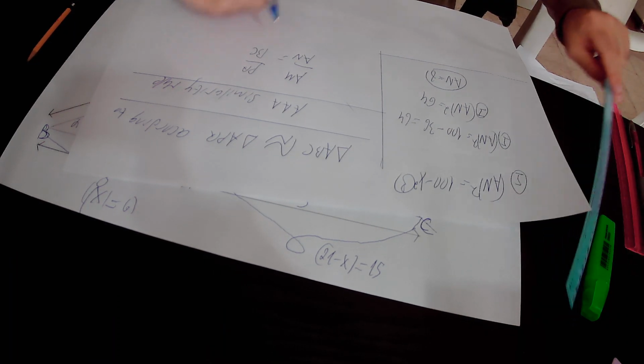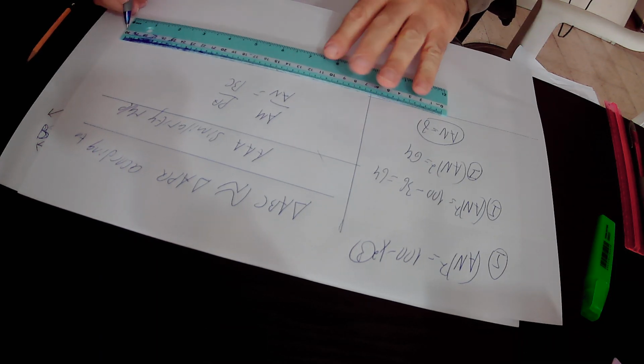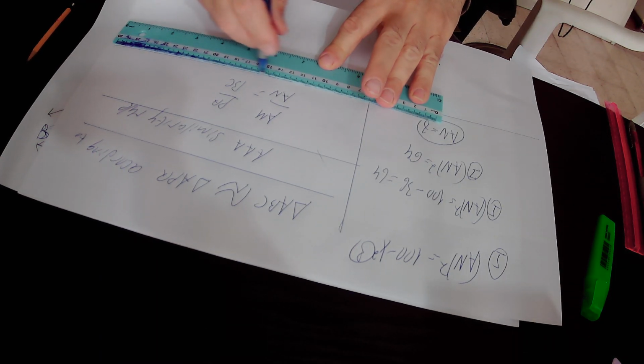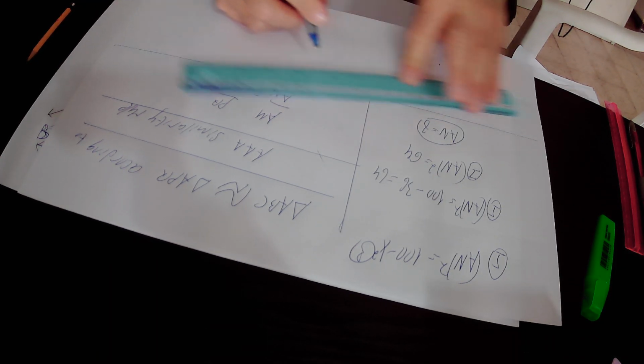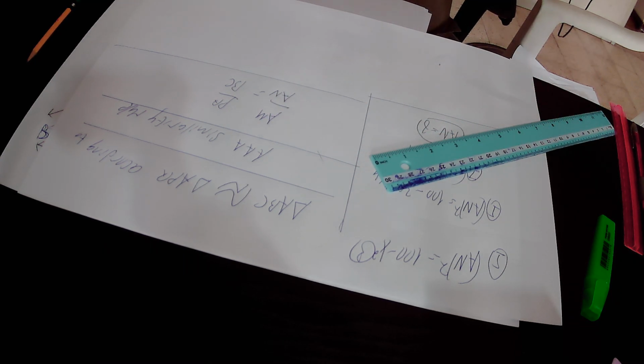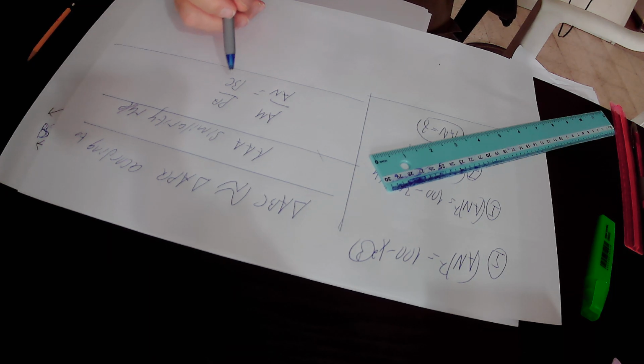According to the rule that the ratio between the heights of similar triangles is equal to the ratio between the sides, we get that AM over AN equals PQ over BC.